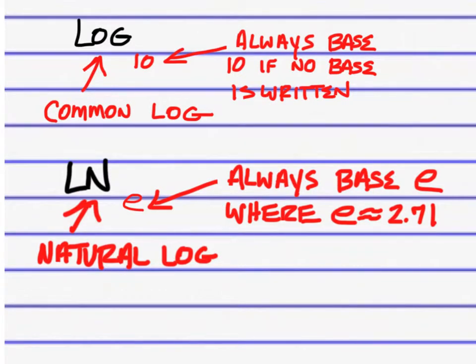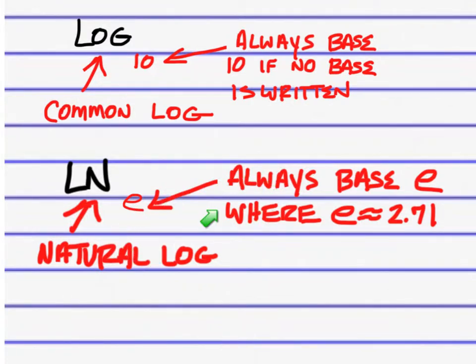There's two different types of logs. There's a common log, which is just log. There's a button for that on your calculator. If you see the word log, but there is no base written with it, then the base is automatically 10. Common logs have a base of 10, if no other base is written. And then ln is a natural log. There's a button for that on your calculator too.